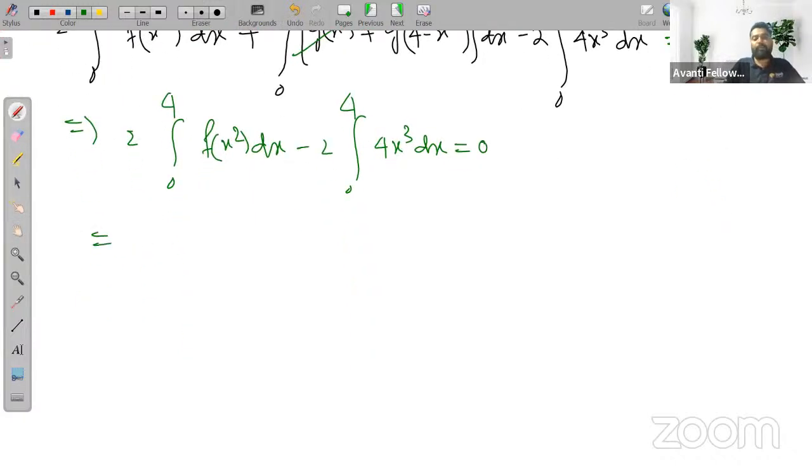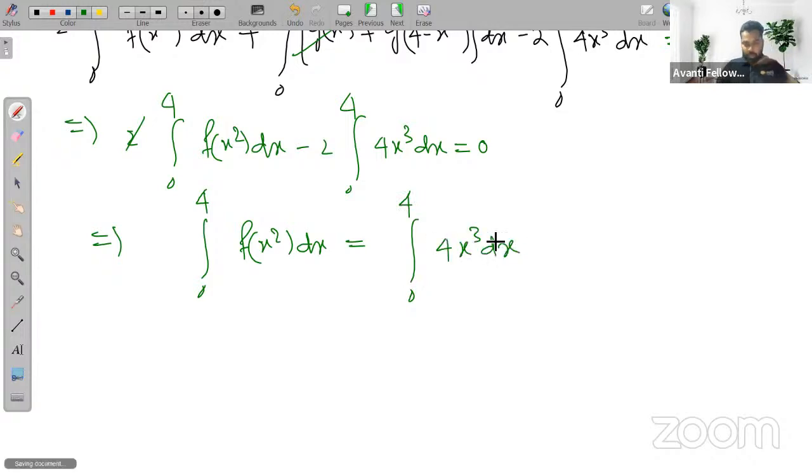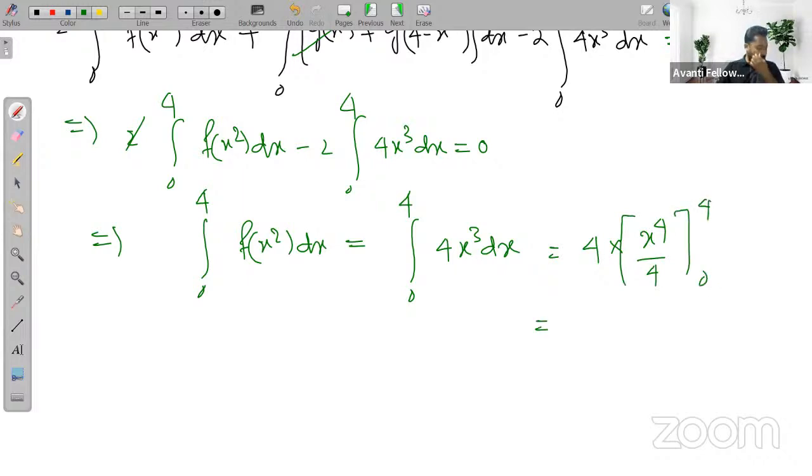So from here we can cancel the 2. Taking these to the right hand side, we can write 0 to 4 f of x square dx is equal to 0 to 4 4x cube dx, right? If we integrate it, we'll get 4 into x to the power 4 by 4 from 0 to 4, and we'll get finally 256. So the right hand side becomes 256, right?